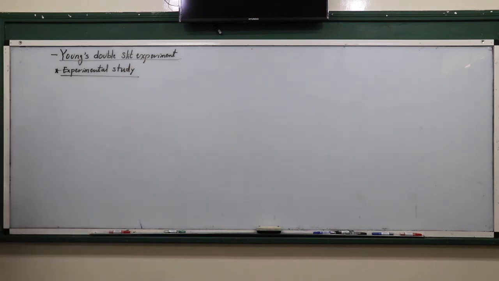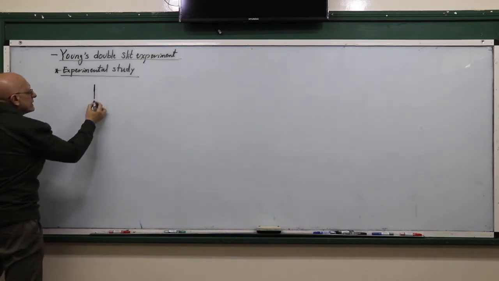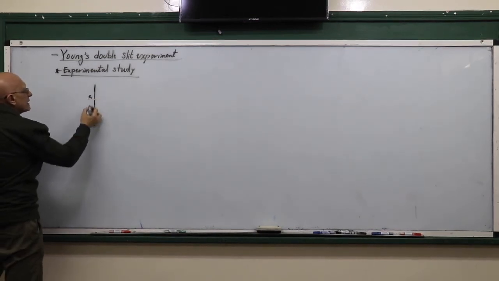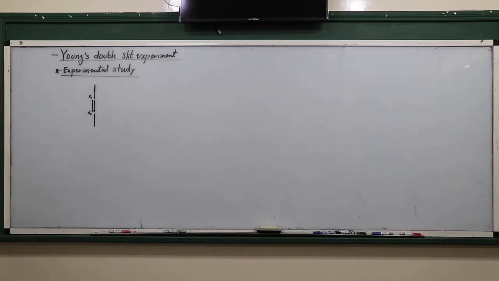Here you have two small slits on the screen. This is a screen. I am going to name these slits S1 and S2. And this distance, which looks very large, is also a small distance, less than 1 millimeter.